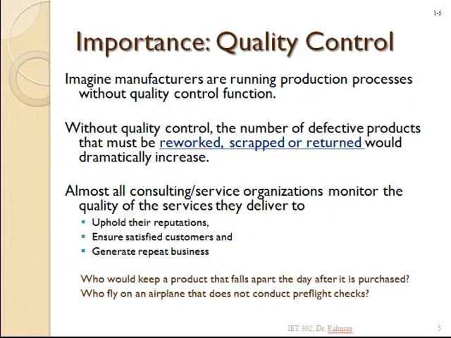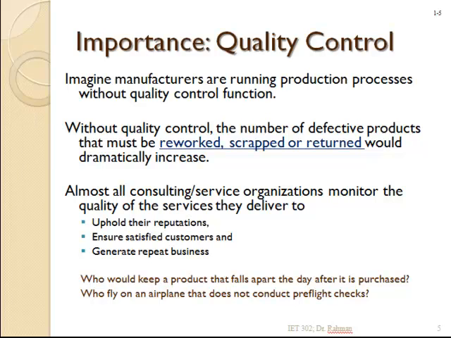Now first, the importance of quality control. I'd like you to imagine a manufacturer running a production process without a quality control function. So what can we expect from there? The defective items that have to be reworked, scrapped, and returned would dramatically increase, right?